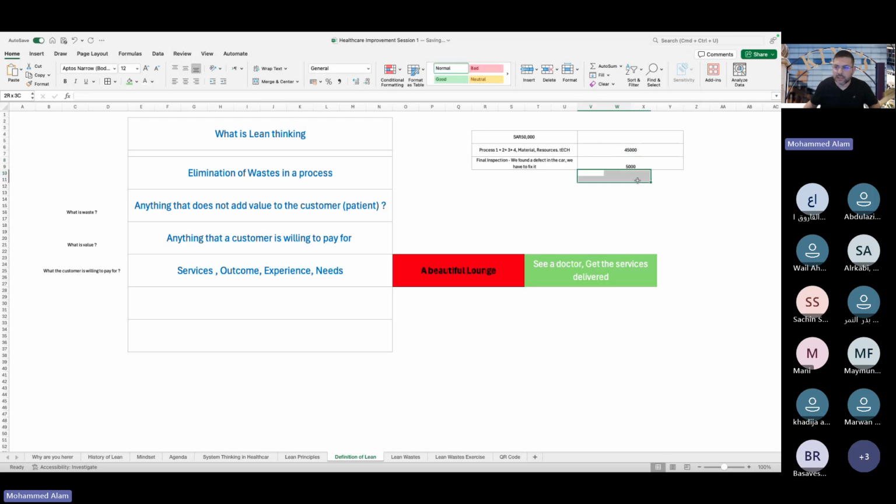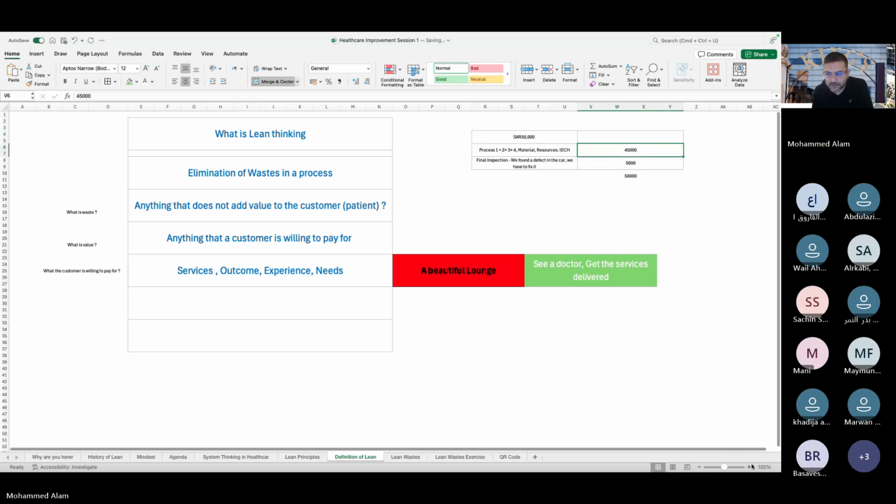So, sir, that is the reason this car is costing us 50,000 Riyal. So tell me what the customer is willing to pay for. What will you do as a customer? What are you willing to pay for? 50,000, 45,000, or what?